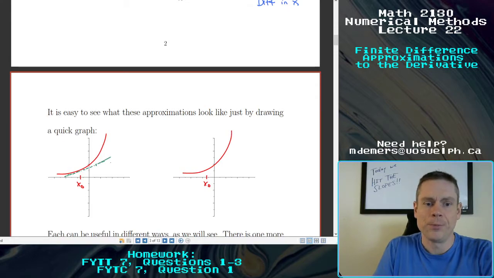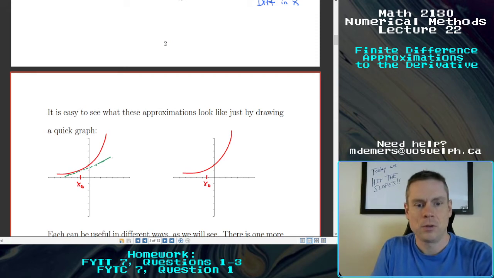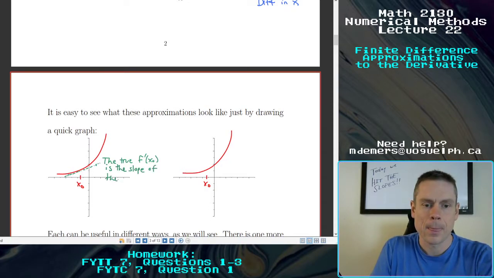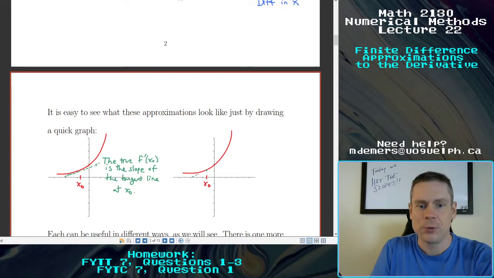So the true f prime at x0 is the slope of the tangent line at x0. Okay, that's true here too. The true value that we're looking for is the slope of this dotted green line that I'm drawing.